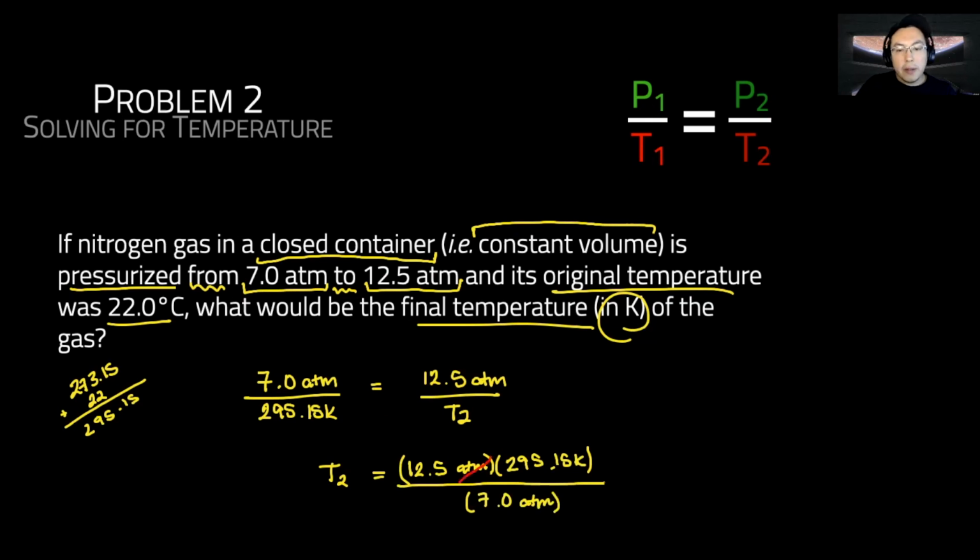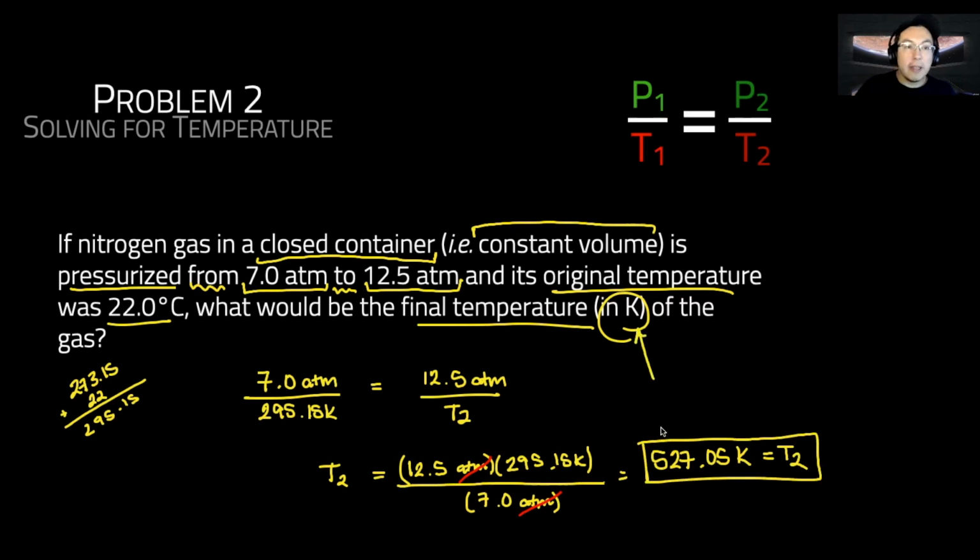We cancel the units of atmospheres. And after you do the math, you get 527.05. And the unit is Kelvin. This will be our final temperature and also our final answer because the final temperature is being requested in Kelvin. So we don't subtract, right?